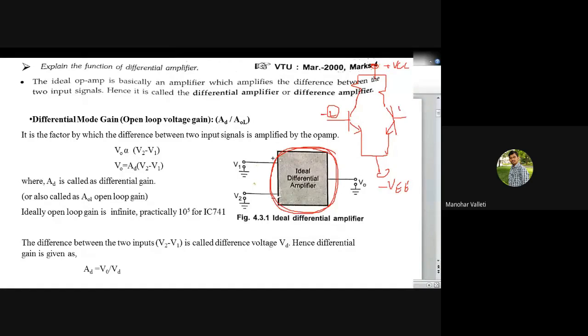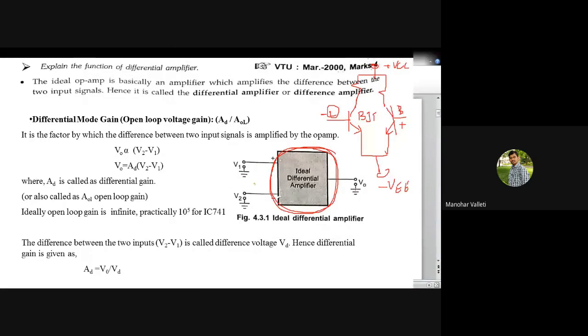This is pin number 3, this is plus. Please note your inverting and non-inverting terminals are connected to the base of the transistor. This is actually a BJT, connected to the base of your transistor.